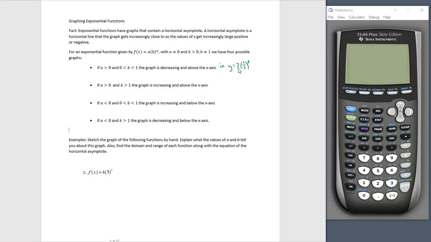My a value is positive. My b value is a proper fraction between 0 and 1. Our graph will be above the x-axis and decreasing. So our graph will look something like that.